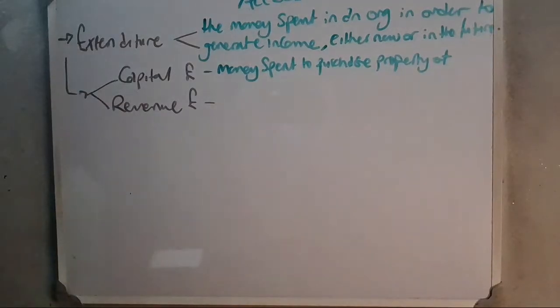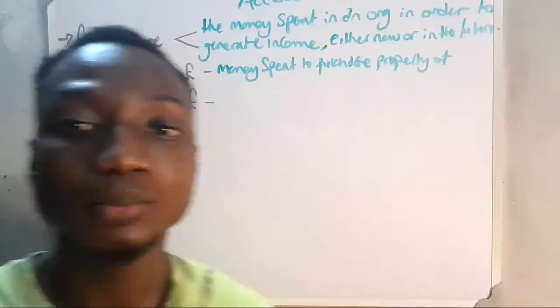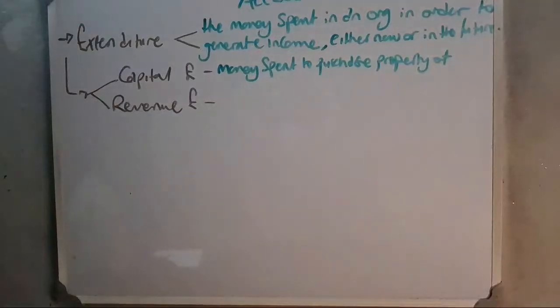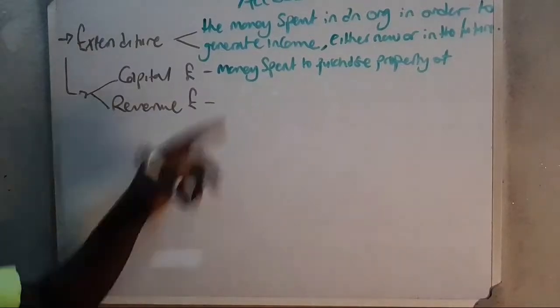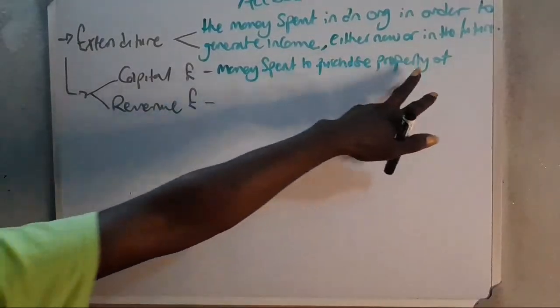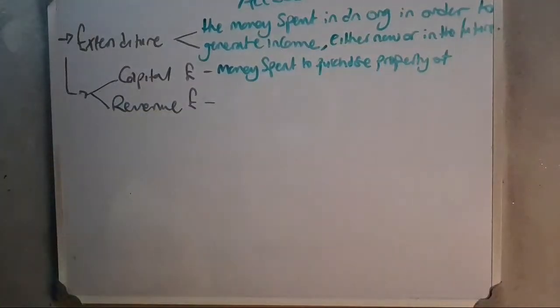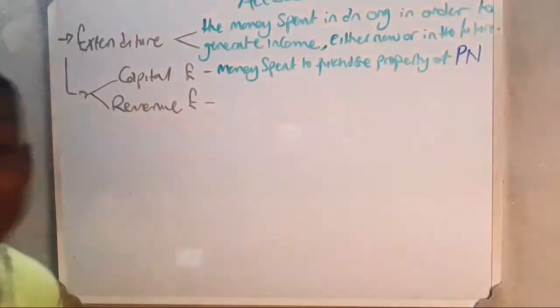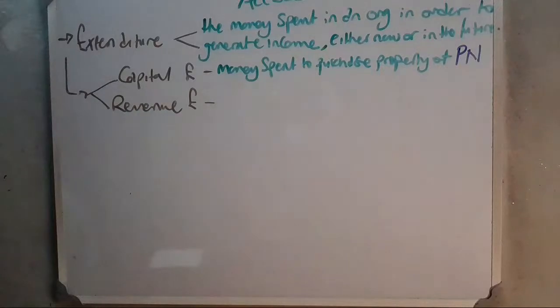Now capital expenditure is the money spent on property of permanent nature. Money spent to purchase property of permanent nature. When we say permanent nature, what are we talking about?